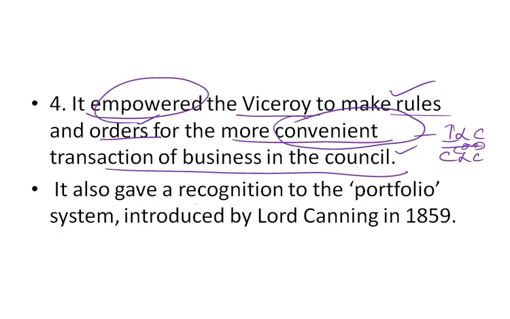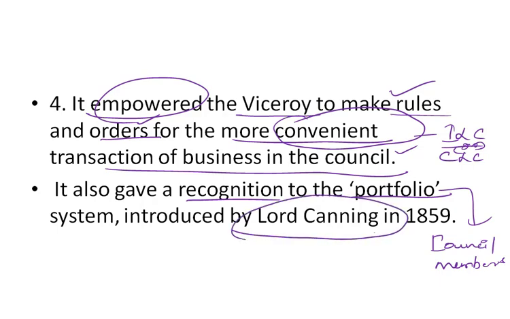It also gave the Viceroy the power to allot portfolios to his council members. That is, it gave recognition to the portfolio system introduced by Lord Canning in 1859. So it gave recognition, and actual portfolios were allotted in 1861.